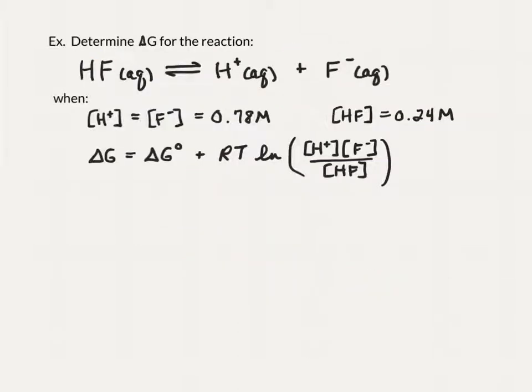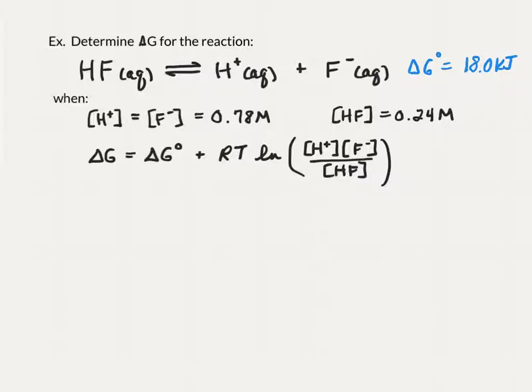Okay. To do one more now where we change some molarities, let's find delta G for the reaction where HF goes to H plus and F minus. The H plus and F minus are 0.78, the HF is 0.24. So delta G is delta G0 plus RT ln Q, and we're going to give you the delta G0 for this as 18 kilojoules, rather than taking the time to calculate that.